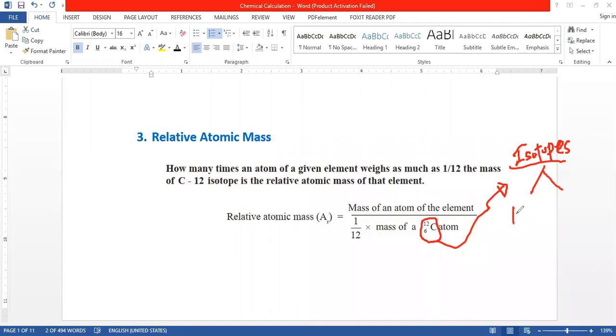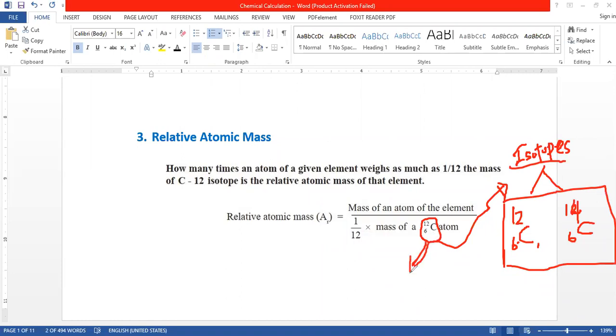So carbon-12, why? Because carbon has two isotopes. One is 12C6 and the second one is 14C6. There are two isotopes of carbon, but they are using the carbon-12 isotope here. So you should remember this.